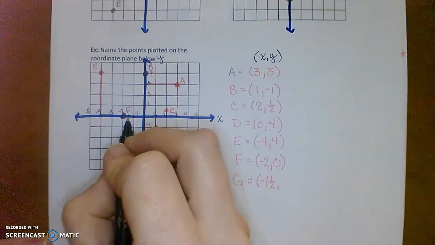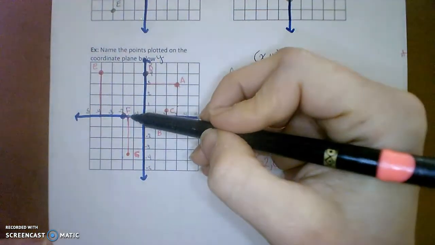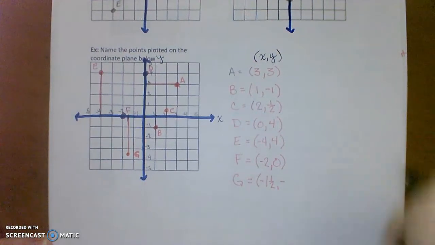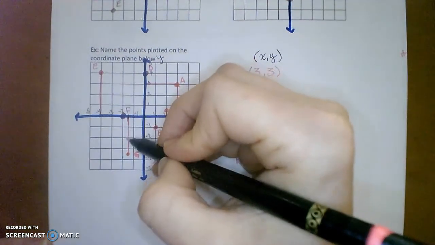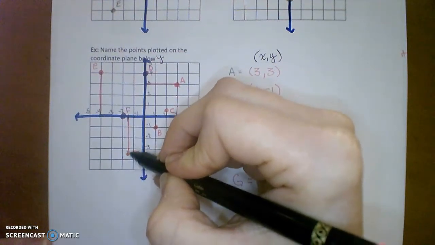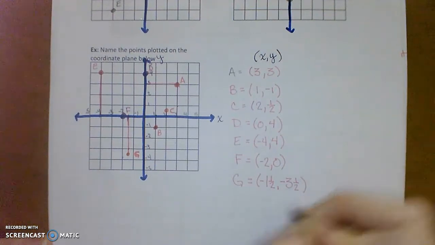So negative 1.5 in the x direction. And now let's count how many units in the y direction. It's going down, so it'll be negative. 1, 2, 3, and halfway. So I would say that's negative 3.5.